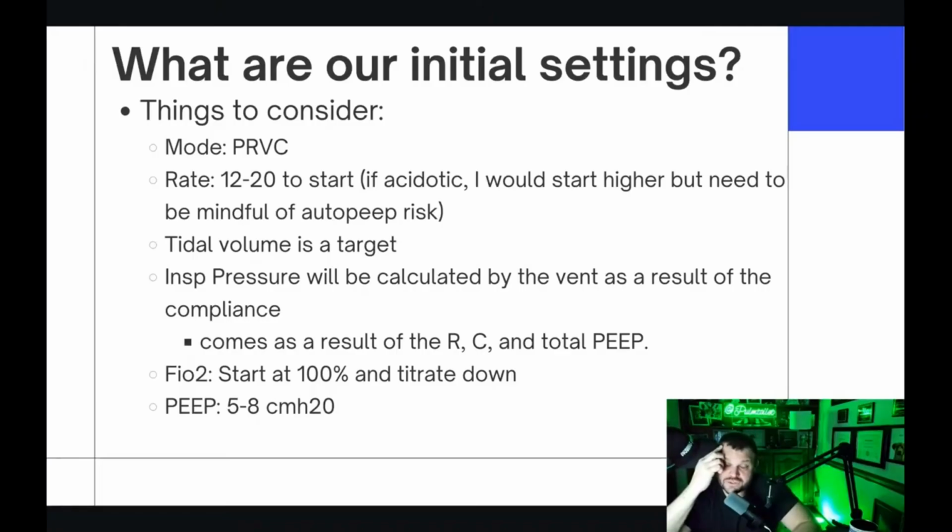So the vent's going to think to itself, wow, I am overshooting my target with 15 centimeters of water. I should decrease the support on the next breath because I don't want to overshoot. So what that turns into is, if the patient has a high work of breathing, the support from the ventilator goes down and down and down, because the work is being done by the patient.